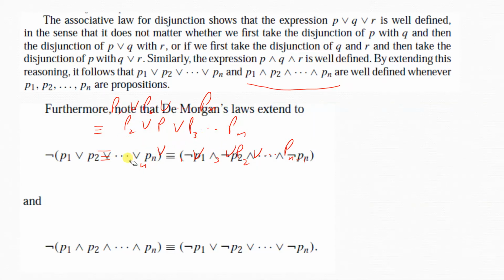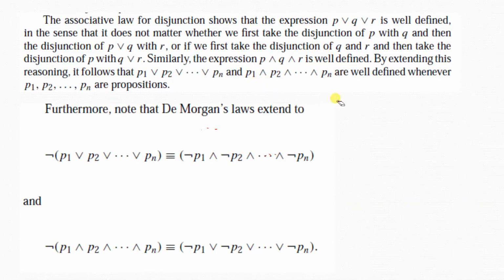Next, De Morgan's laws can also be extended in this way. We just saw in previous slides De Morgan's laws for only 2 propositions. Now there are n propositions, and De Morgan's laws hold for n propositions as well. The negation of the conjunction of all these n propositions is equivalent to the disjunction of the negation of every proposition.